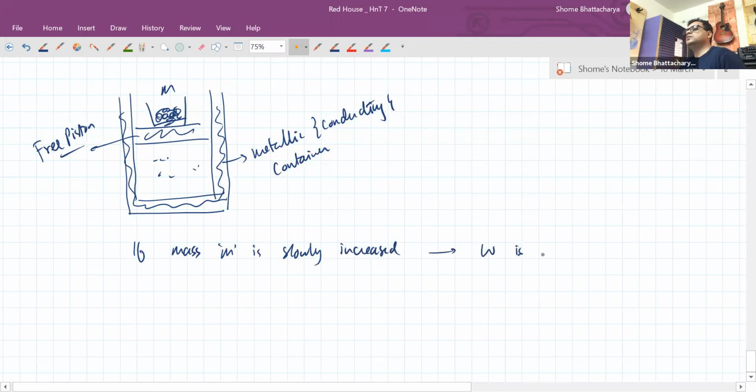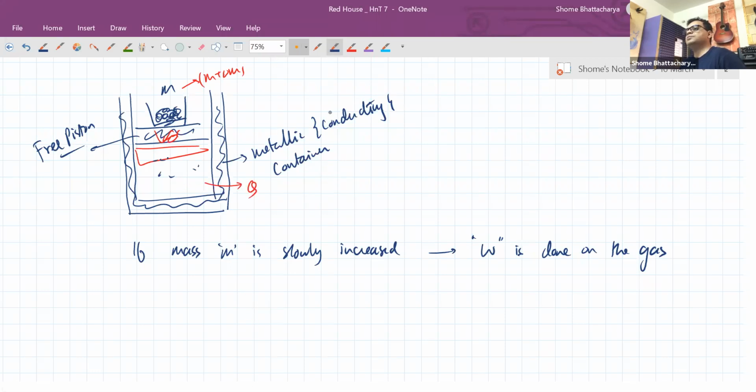Work is done on the gas. If I make this m plus delta m, it will push down. But in the process, some heat will come out because the gas's temperature will remain constant, equal to the temperature outside, because the wall is conducting in nature.